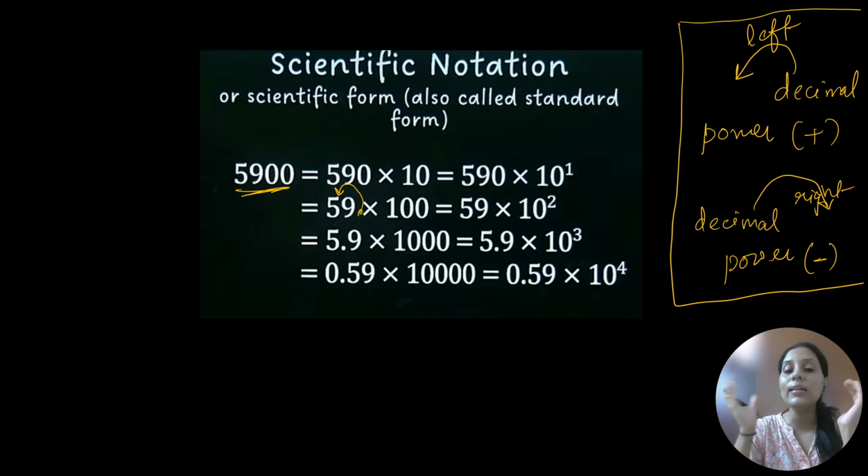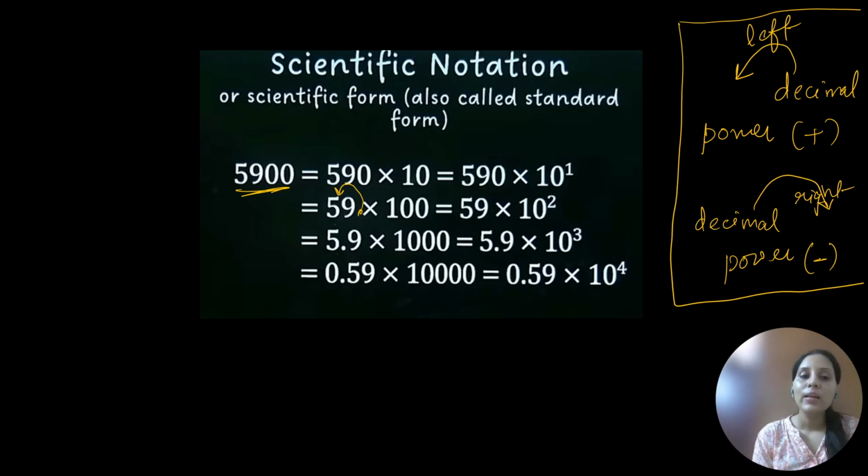They don't understand when to put positive and when to put negative, and I'm sure the school teachers do not explain this. They just write that 2 places gone, 10 power 2, 3 places gone, 10 power 3, but when it is positive, when it is negative, no one tells properly. So which is why I am stressing, when you're taking the decimal left side, it is always positive power. But when you're taking the decimal towards the right side, it is negative power.